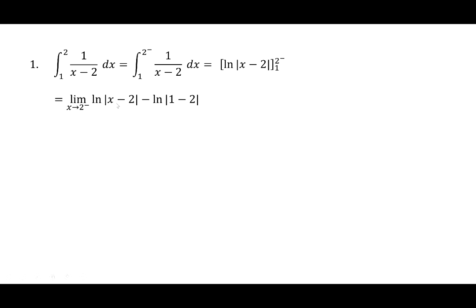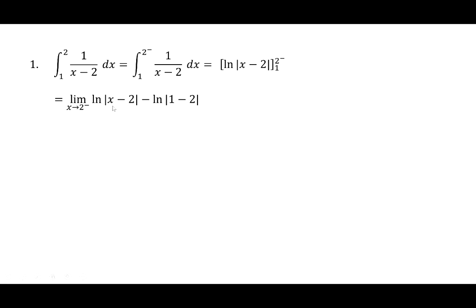So let's see what happens to this quantity when x happens to be 1.99. 1.99 minus 2 is negative 0.01. Absolute value of negative 0.01 is positive 0.01. Cool. Natural log of 0.01.